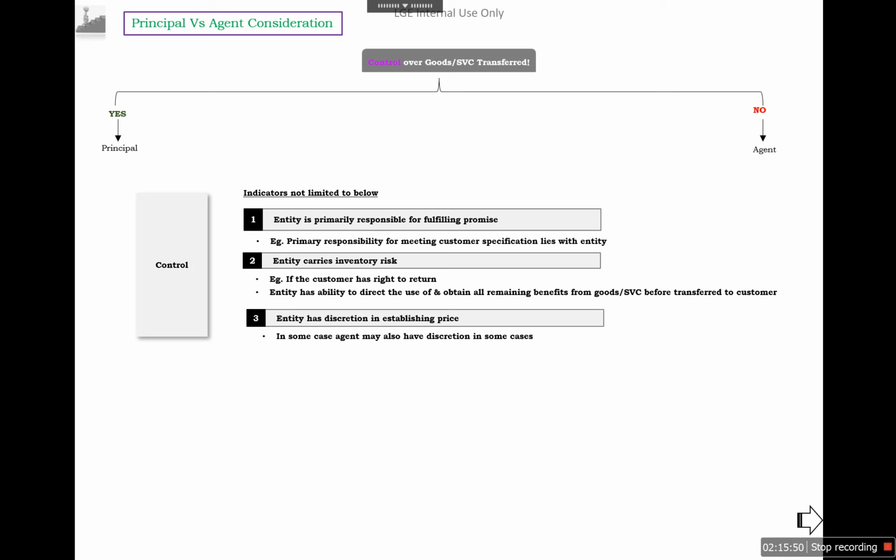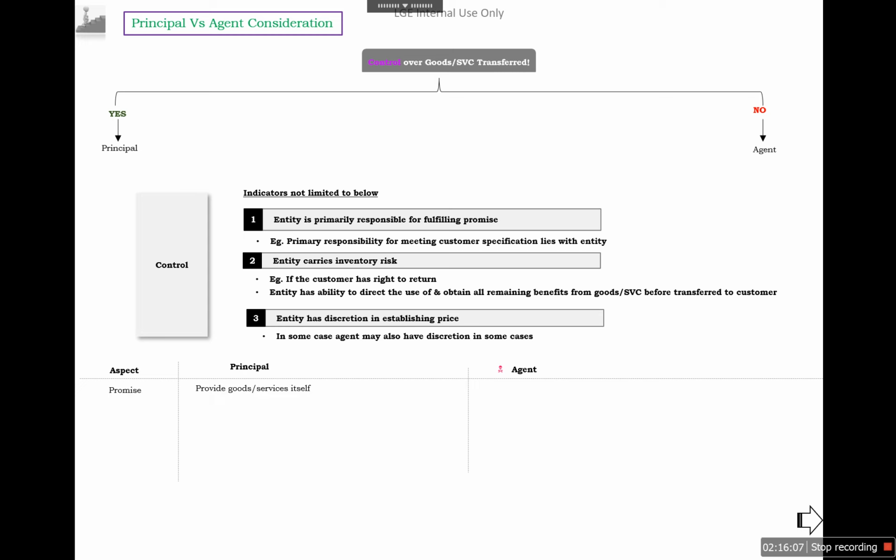And if the entity has discretion in establishing the price, in some cases an agent may also have the discretion. So these are the indications. Based on that, we will decide whether it is a principal or agent. So the accounting will also flow in the same way.